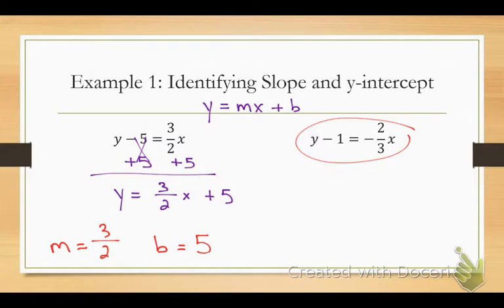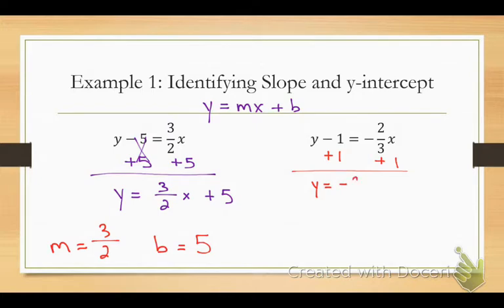On my second one, is it ready to graph? No, it's not. It's not ready to graph, so I need you to solve for y and then tell me m equals, b equals. Okay, let's see. Nick, what did you do to both sides to get y by itself? I did +1. Very good. +1 to both sides. Okay, and now I have y equals, which term do I write first? Just tell me. The 2/3.